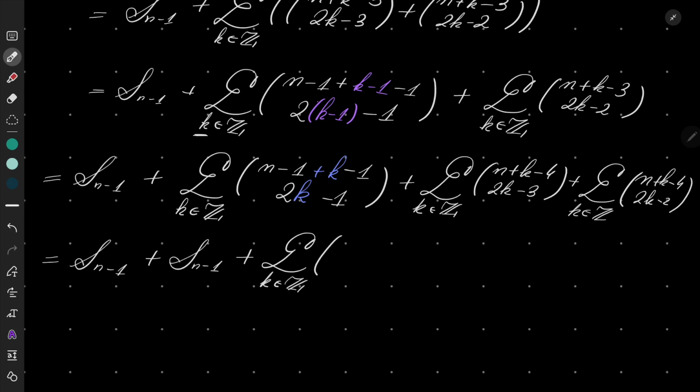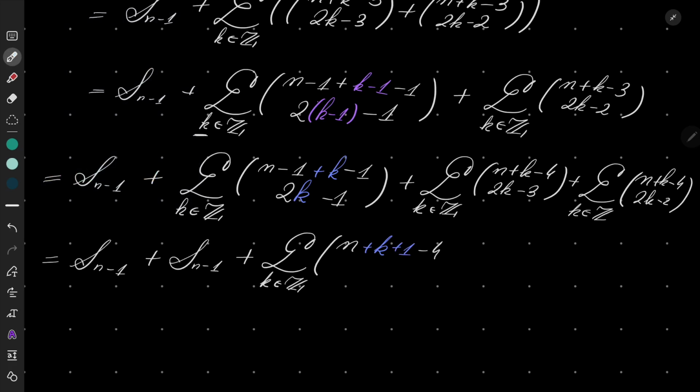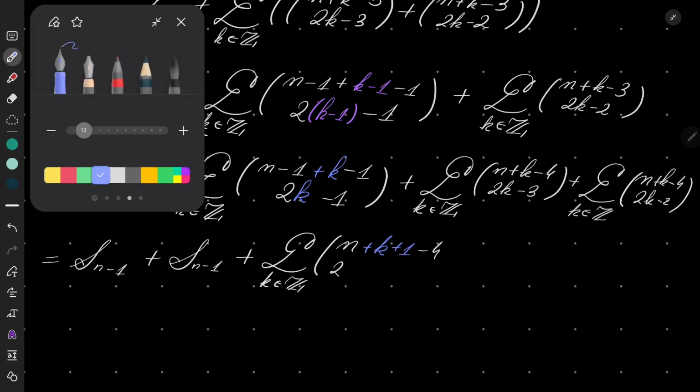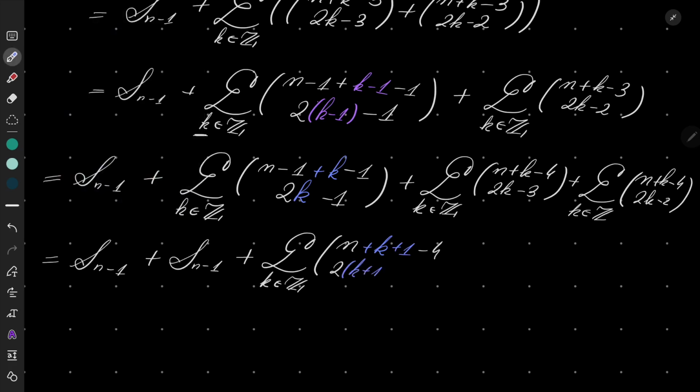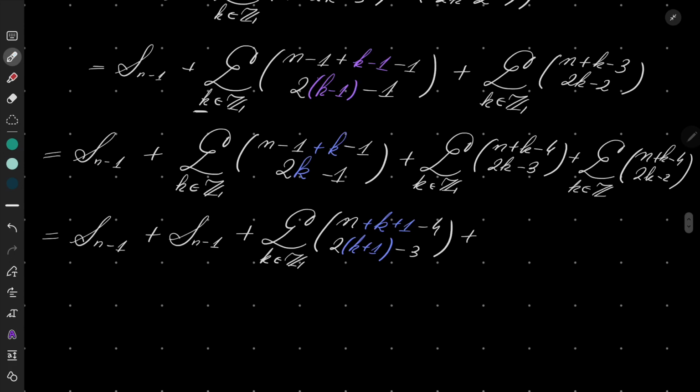And if I put k plus 1 instead of k, I will have the following. (n plus k plus 1 minus 4, 2 times k plus 1 minus 3). And let's leave our last sum as it is for now.